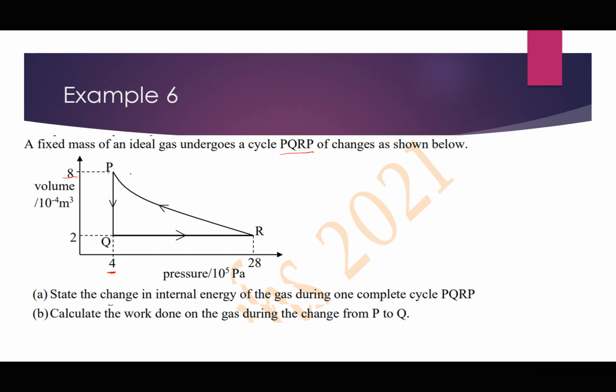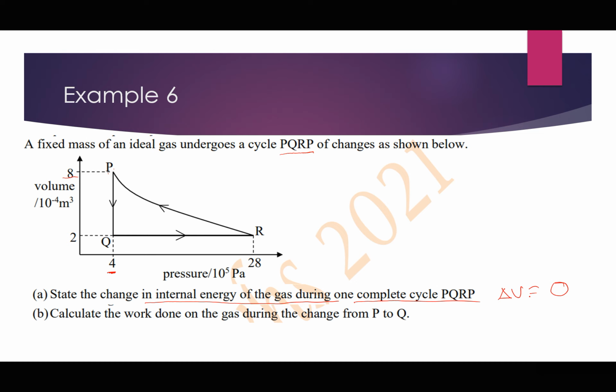At P, the initial temperature and the final temperature are the same. The question says, state the change in internal energy of the gas during one complete cycle. Whenever we have one complete cycle, the initial temperature is the same as the final temperature, so the change in internal energy is obviously zero.